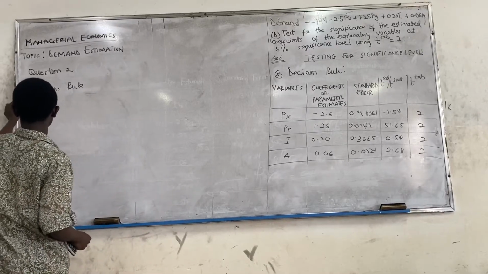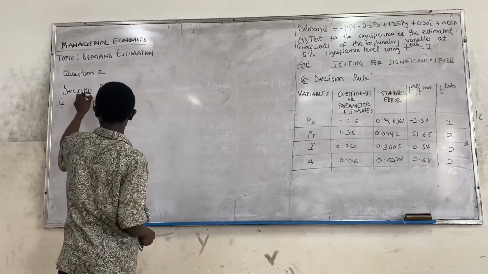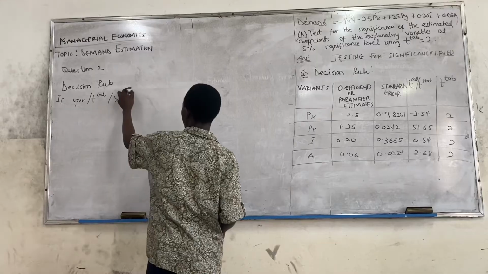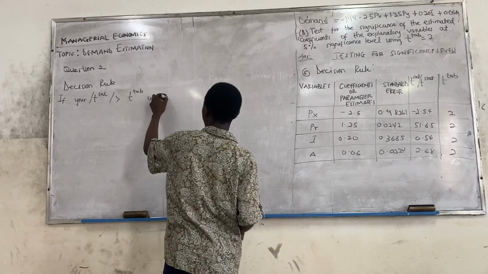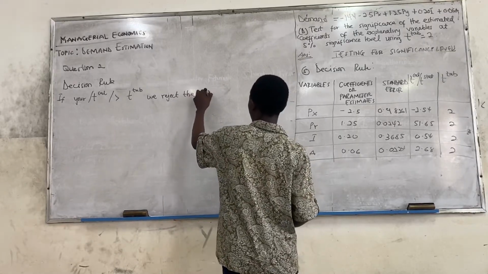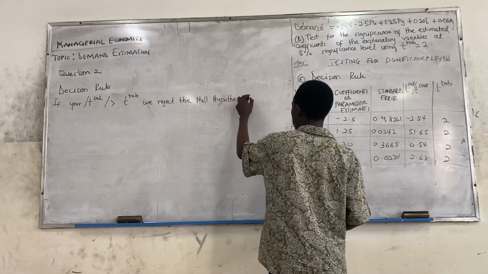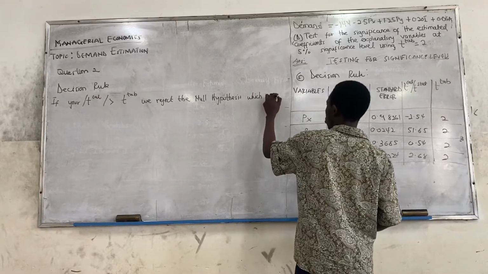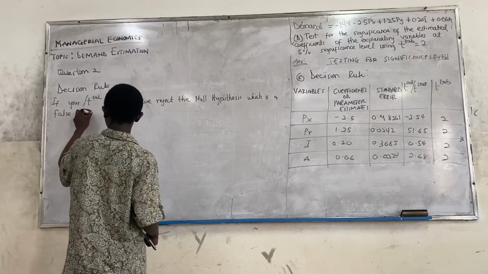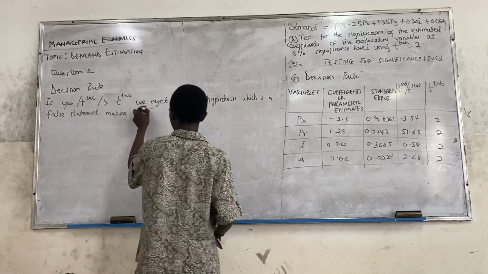So for the decision: if your absolute T cal is greater than your T tab, we reject the null hypothesis, which is a false statement, making it significant.